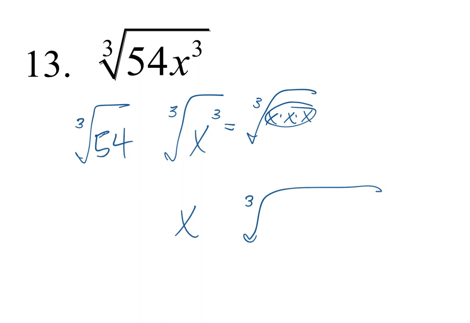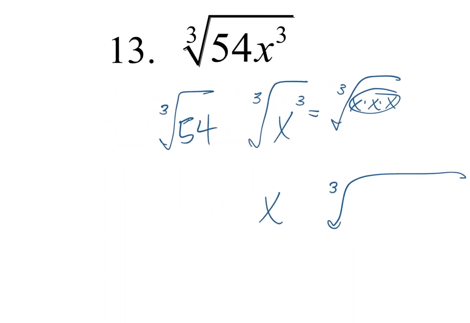Let's look at 54. Is there a cubed root of 54? You type that in the calculator, and there's not. You get a decimal. So let's see if we can simplify that radical. 54, let's write the prime factors. 54, you could say 2 times 27, and 27 is 3 times 9, and 9 is 3 times 3.